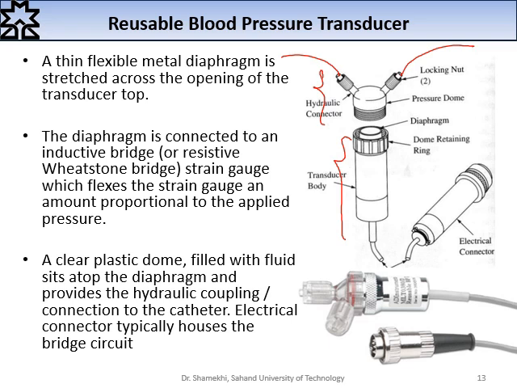And as you can remember, we can use resistive bridges, Wheatstone bridges, inductive bridges, strain gauges, and other types of displacement measuring, which flexes the strain gauge an amount proportional to the applied pressure.